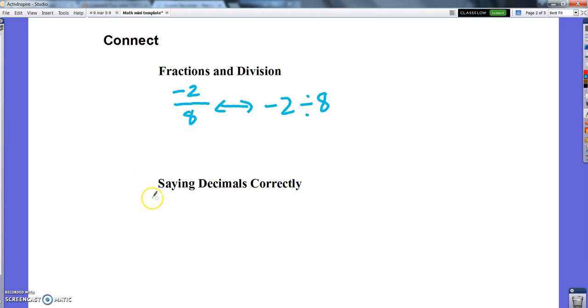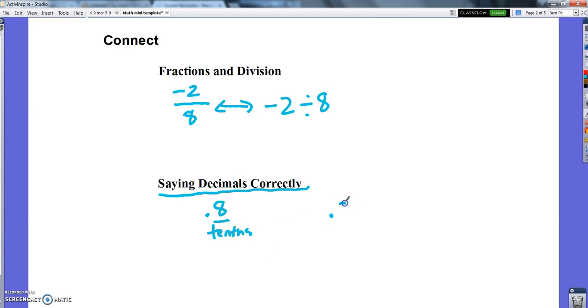And also, your very wise math teacher of the last 2 years has been insisting that you say decimals correctly. And today's going to be a big part of why he has been saying so. So he has made sure that if a decimal ends in one place, you say 8 tenths, because that is in the tenths place.